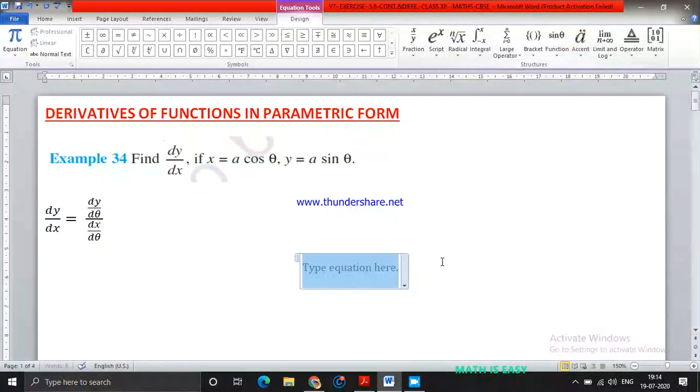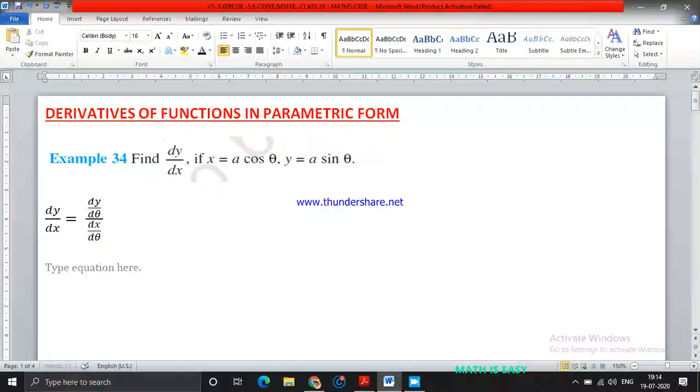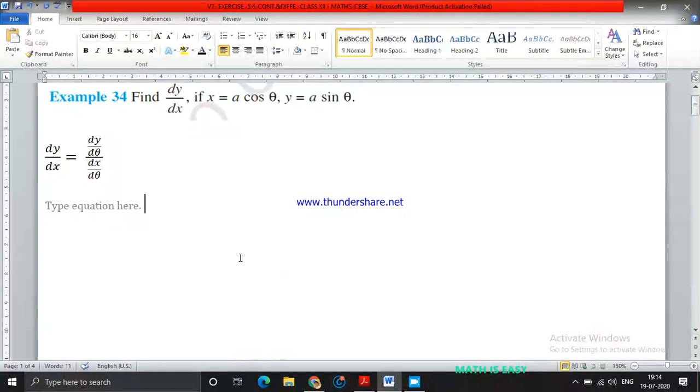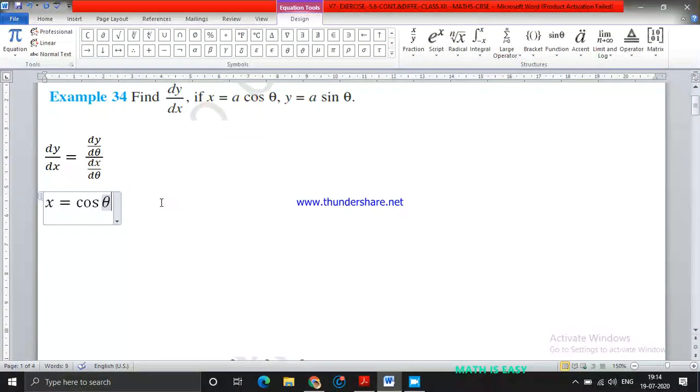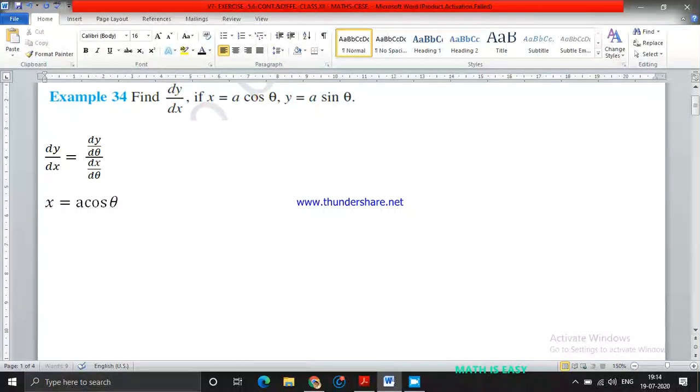First let me take the given equation, x equals a cos theta. Now differentiate with respect to theta on both sides.